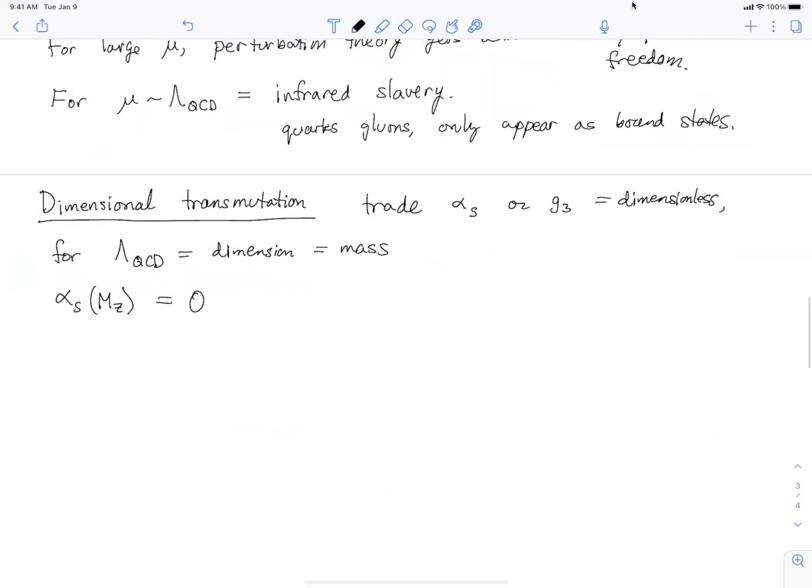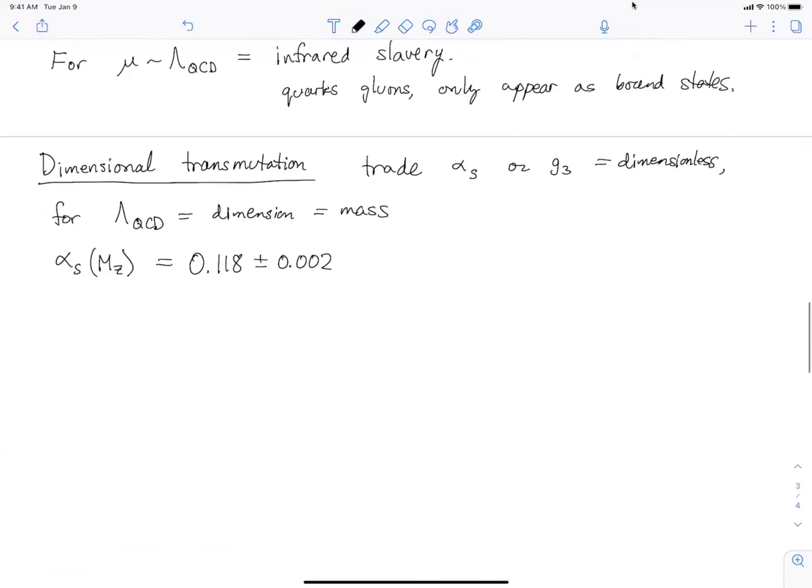We say it's 0.118 approximately, plus or minus 0.002 or something like that. And this is in the 5 quark theory, where you're neglecting the top quark. Then you can translate that into lambda QCD numerically, which is about 210 MeV.